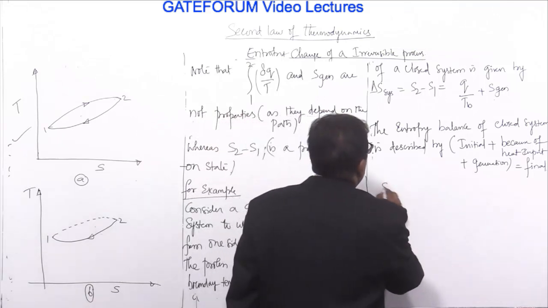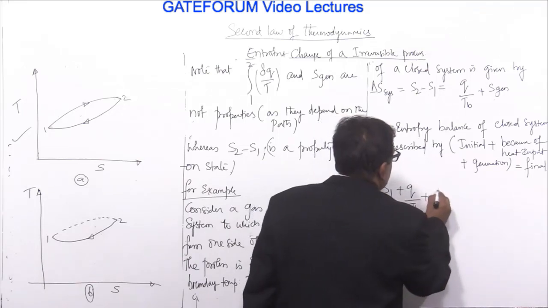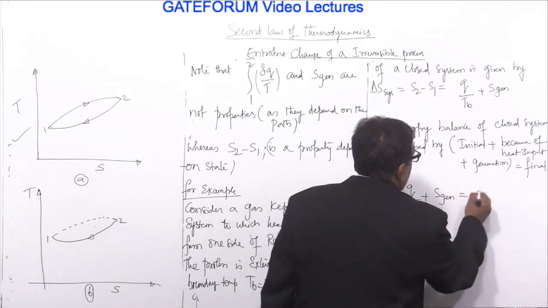So S1 plus Q by TB plus S generation is equal to S2.